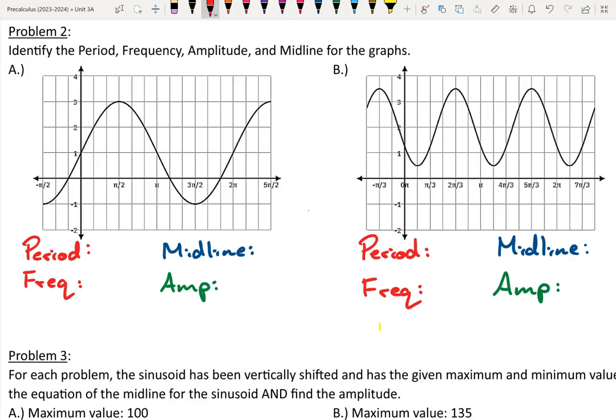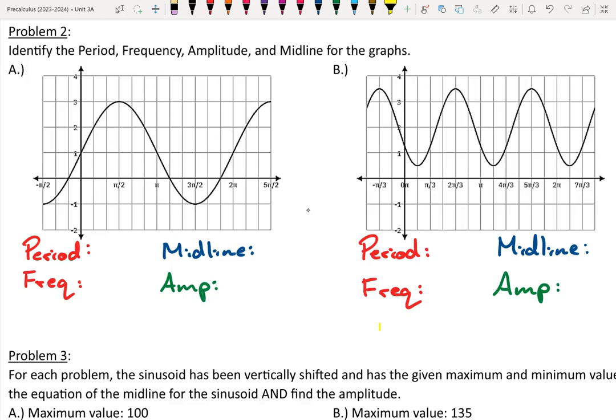And what x values did you go from to determine that? Pi over 2 to 5 pi over 2, this chunk right here. That's a distance of 2 pi. No, pi over 2 to 5 pi over 2. Oh, I see. I misheard.